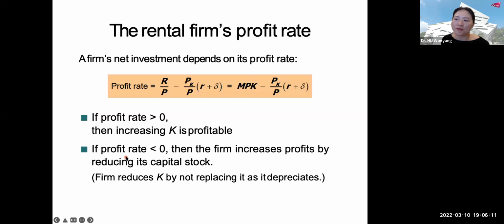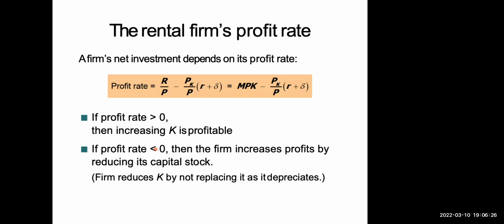But if the profit rate is negative, then we need to reduce the capital to increase the profit, because now it's not a profit anymore. It means that we overinvest in the capital.